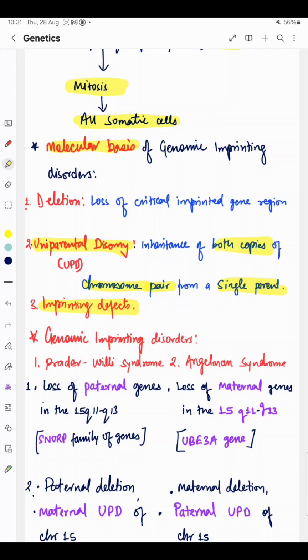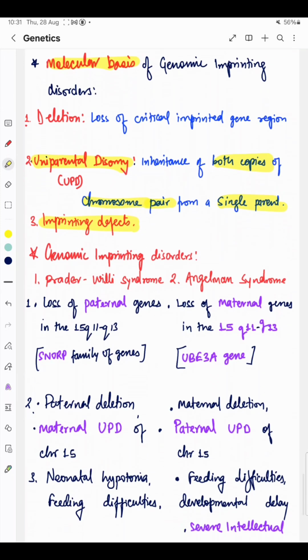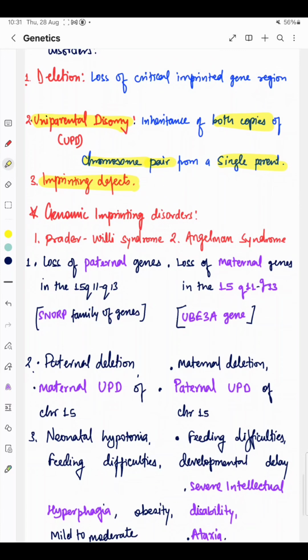Now we will discuss various examples of common genomic imprinting disorders. First is Prader-Willi syndrome and the other is Angelman syndrome. We will compare them.